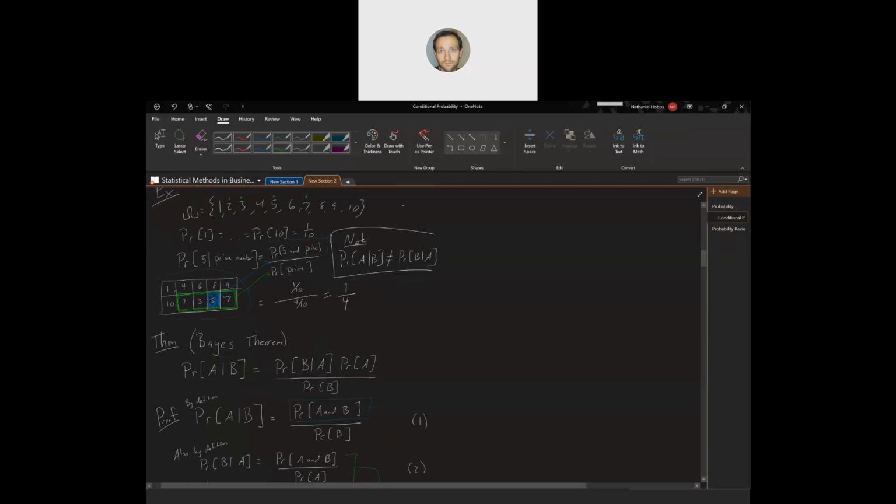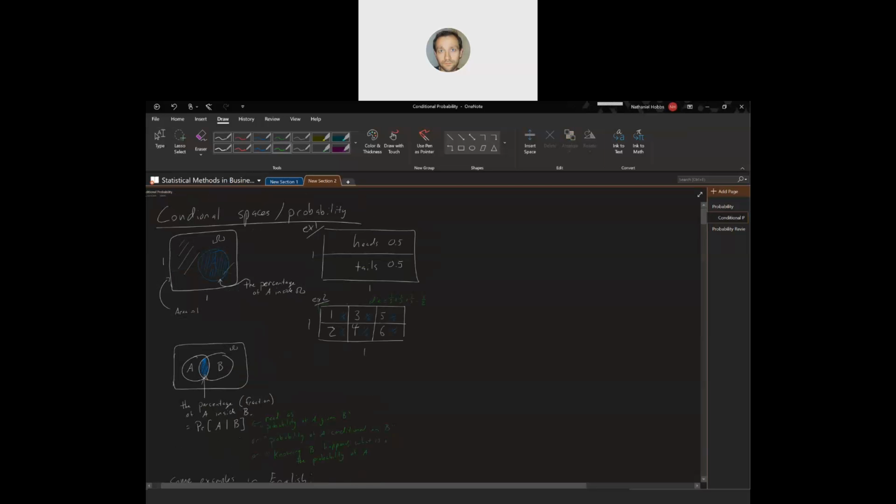But I could consider, what is the probability that the die roll is odd? So I'm defining an event, and an event is a subset of the world.